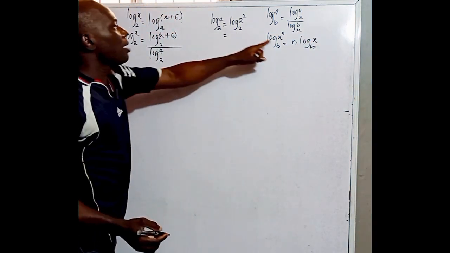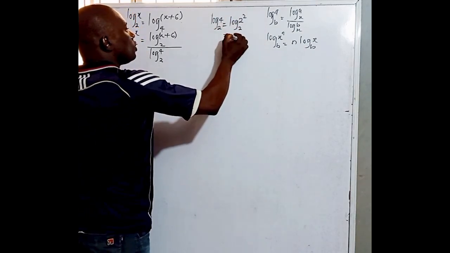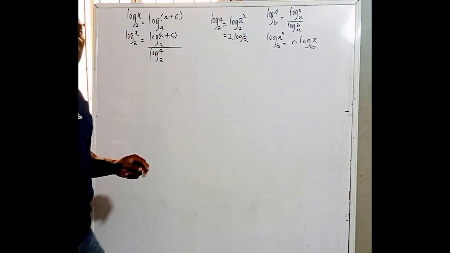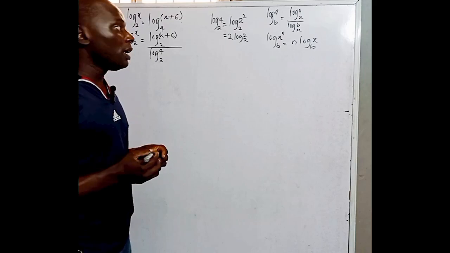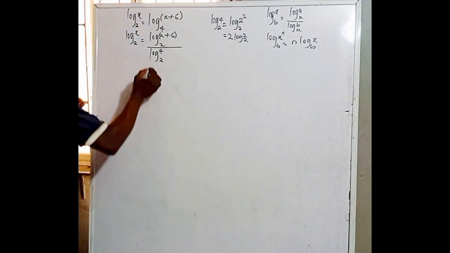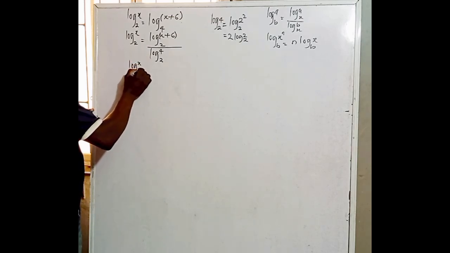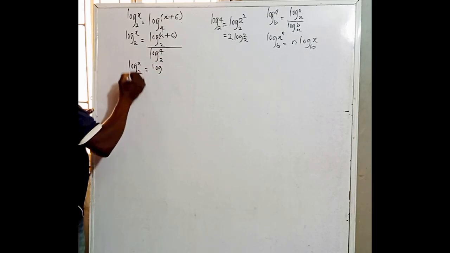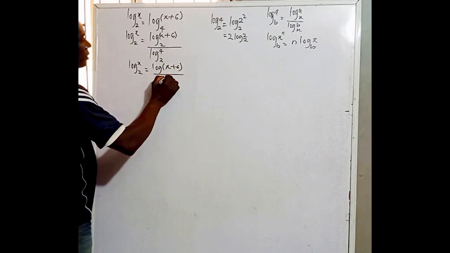So we apply that, so we can move this 2 forward, so this becomes 2 log 2 to base 2. And in logarithm, once the logarithm and the base are the same, the value is 1. So log 2 to base 2 is 1, 2 multiplied by 1 is 2. So the whole of this denominator becomes 2. So this becomes log (x + 6) divided by 2.